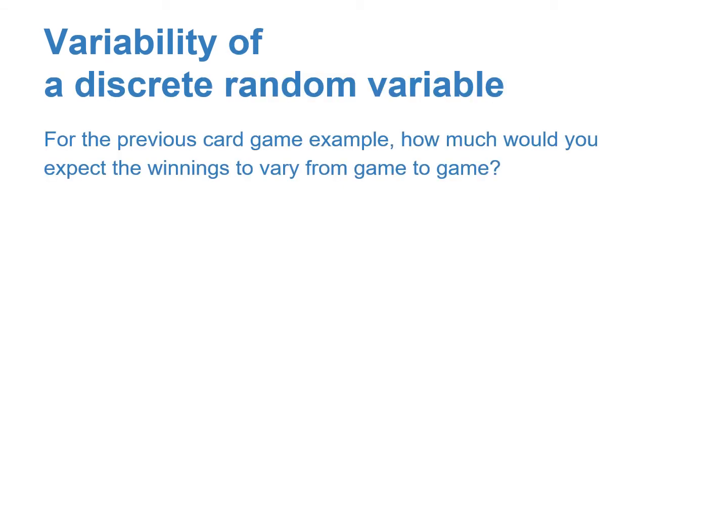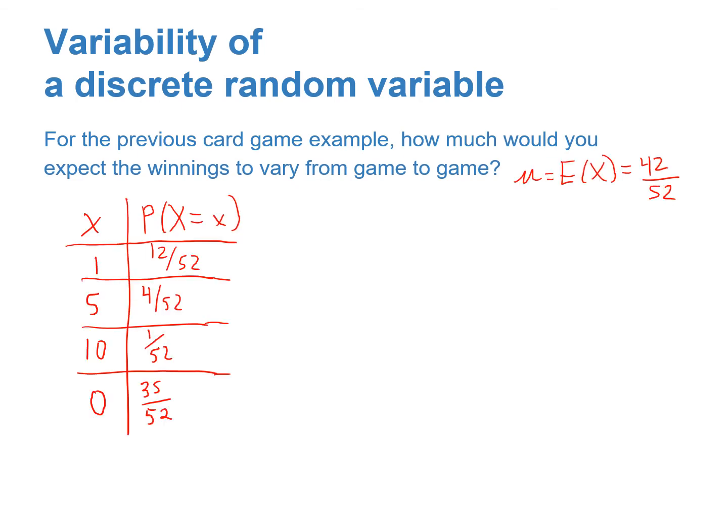So again, coming to this previous card game, we can talk about the expected winnings and how we'd expect them to vary. Remember that we had our probability distribution that we found and the expected value that we found previously.